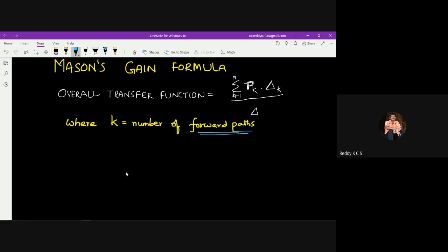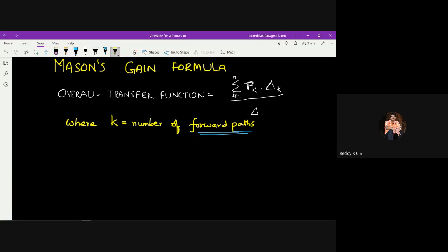It is the path generated from the input to the output without touching any node twice. That is very important. The forward path starts at the input node and ends at the output node without tracing any node twice. So we need to find out how many ways we can reach the output from the input. That shows the number of forward paths.